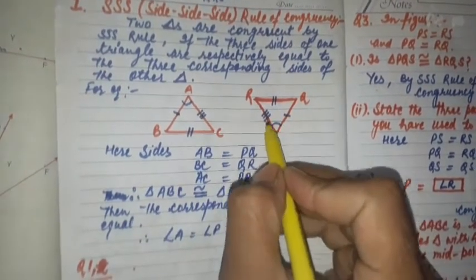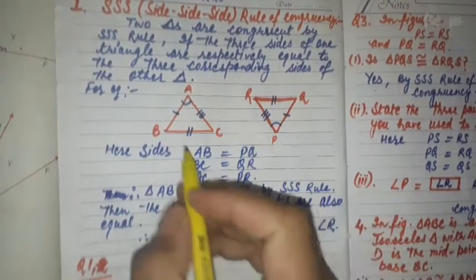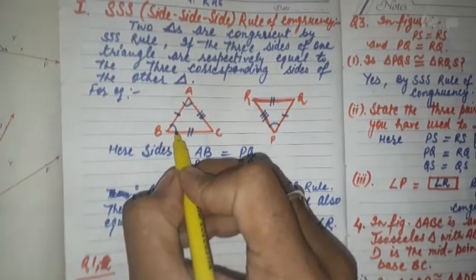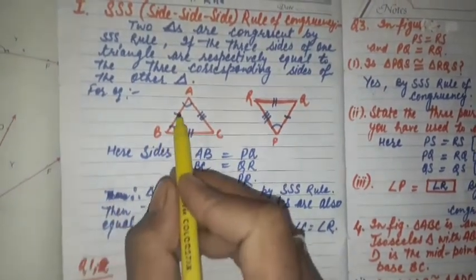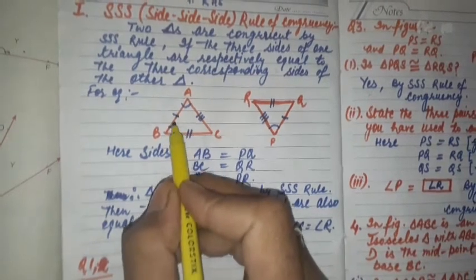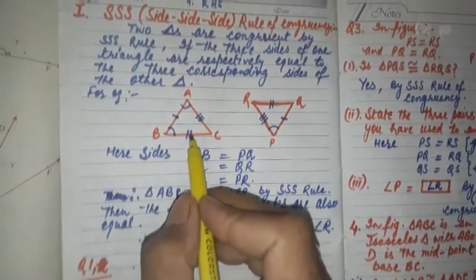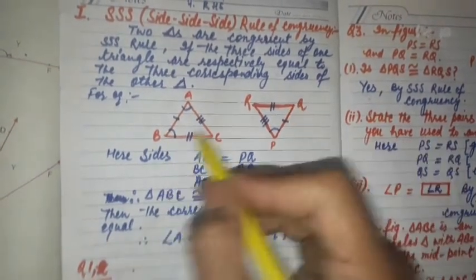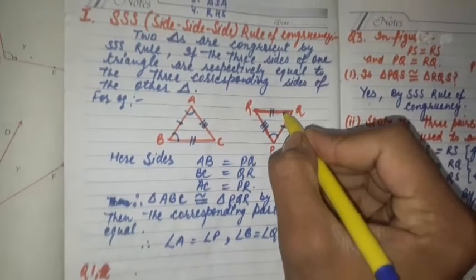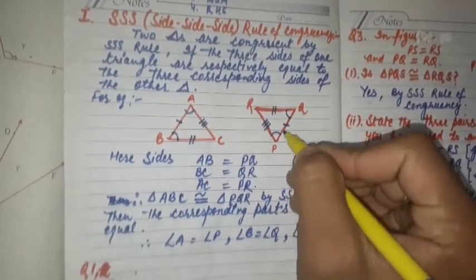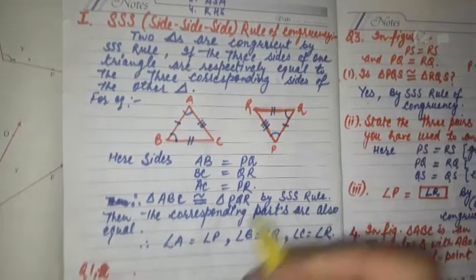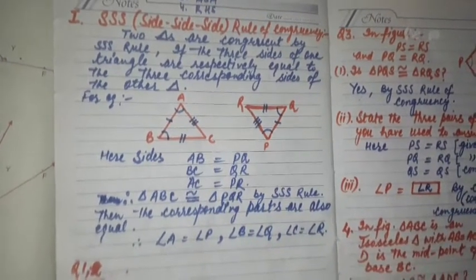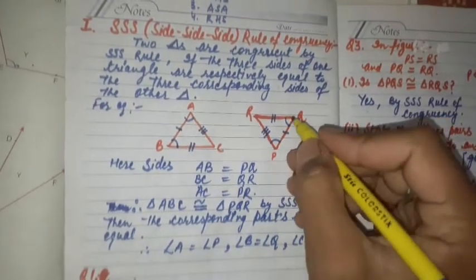Angle B lies between the sides with one cut and two cut, and angle Q lies between one cut side and two cut side, that is PQ and QR.